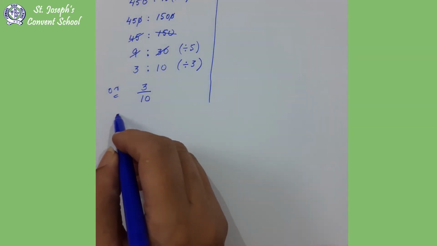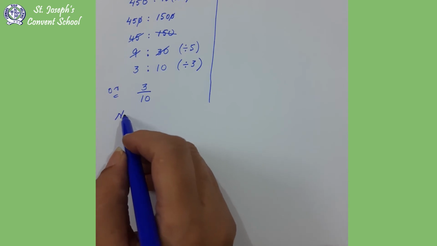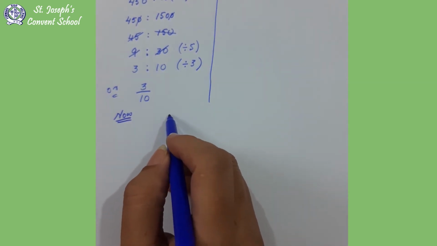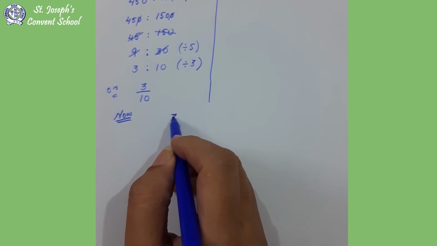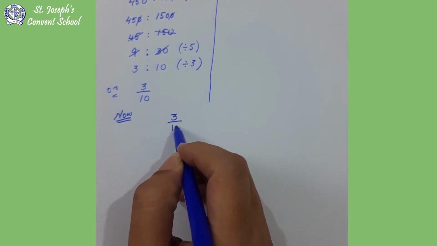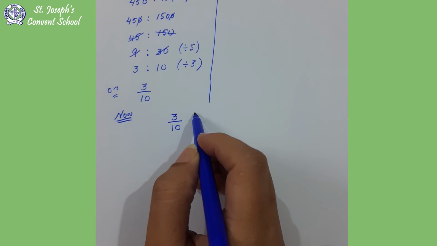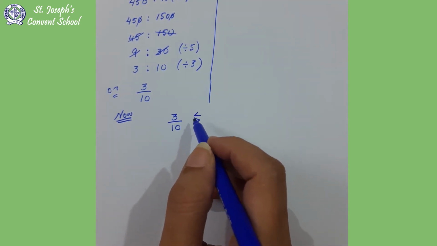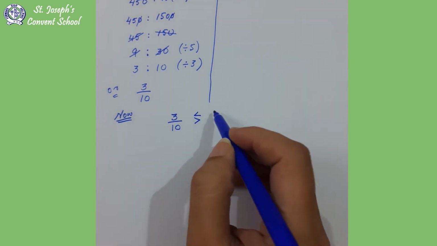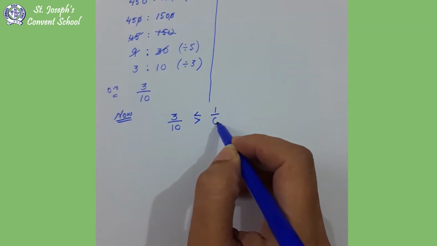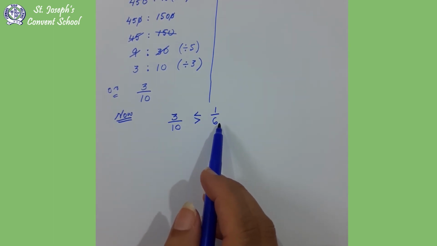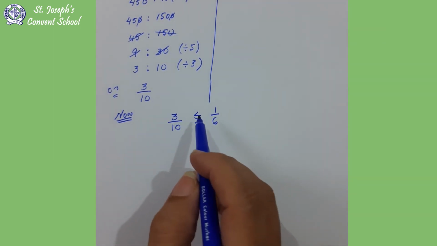So they have asked you in the question who spent more. We don't know who spent more, so we will put both signs. This ratio of Z is less than or greater than, we don't know which one is greater, that's why we'll put both signs. 3 upon 10 is Z's ratio and 1 upon 6 is Bakar's ratio. Now cross multiply.